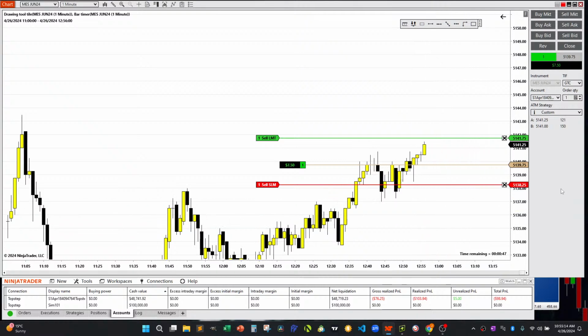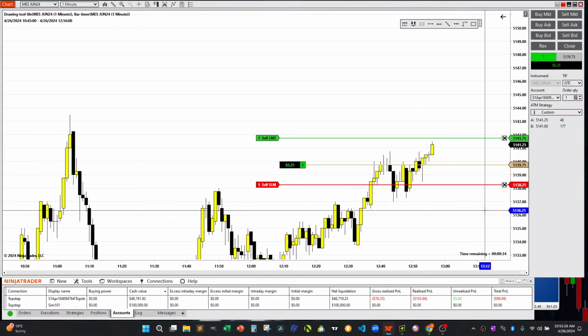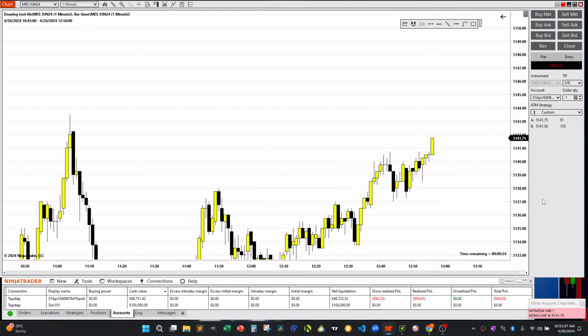And will we finally grab the target on this one? Is within reach, easy to reach. Target there, it filled.